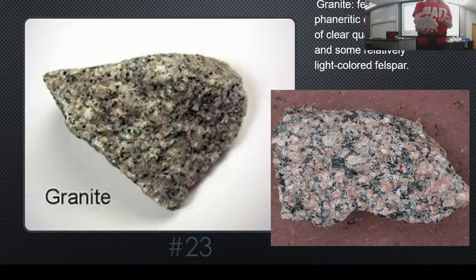So notice this light composition here. And it has large phaneritic crystals. So you can see the large crystals within this. And it's composed of clear quartz, black minerals, and some relatively light colored feldspar, which is where you're getting some of these different colors within this.